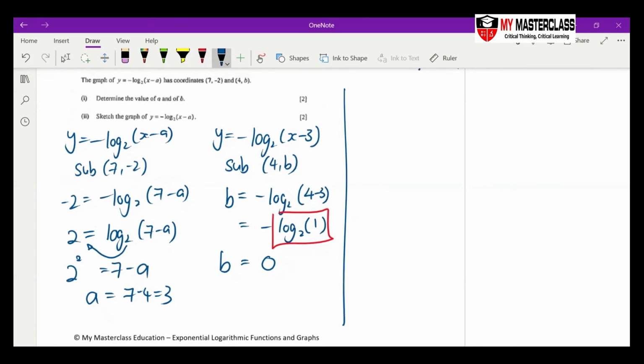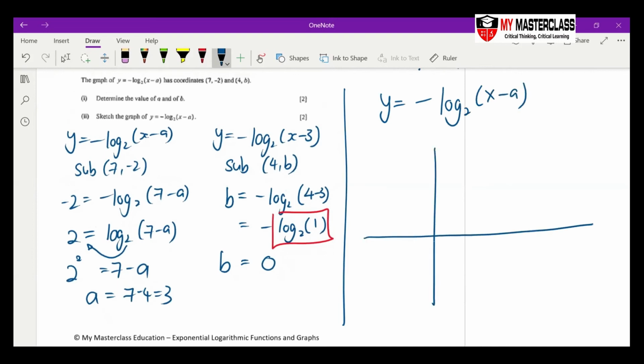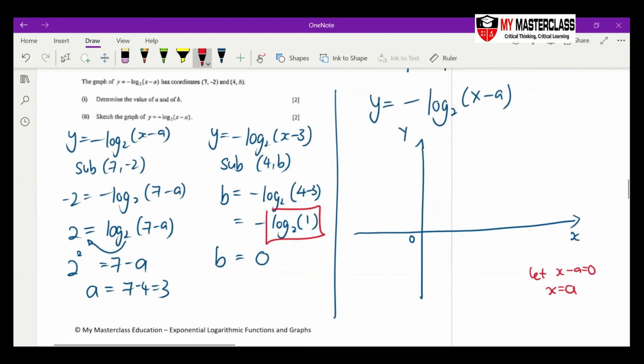For the graph drawing part, y equals negative log base 2 of x minus a. Like I say, if you cannot immediately draw, that is totally fine. Let's draw y equals log of x minus a first. Let x minus a equals 0, x equals a.